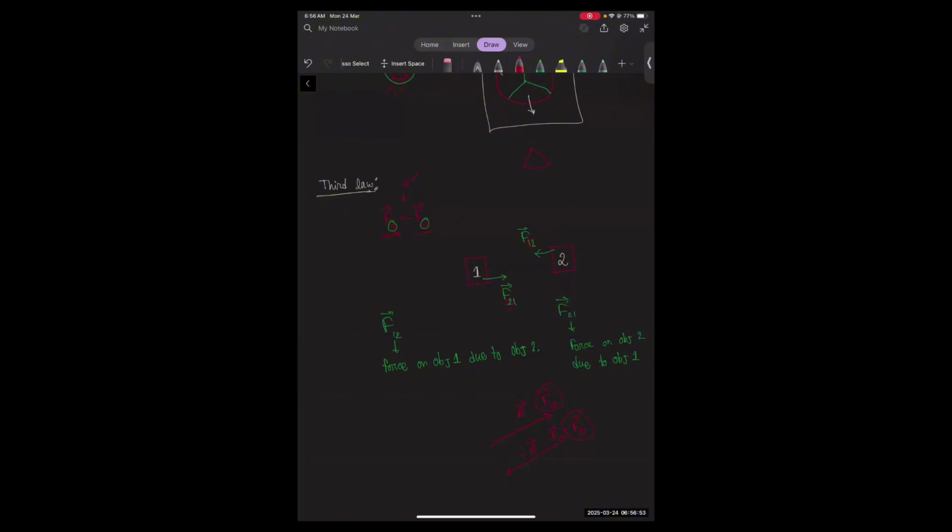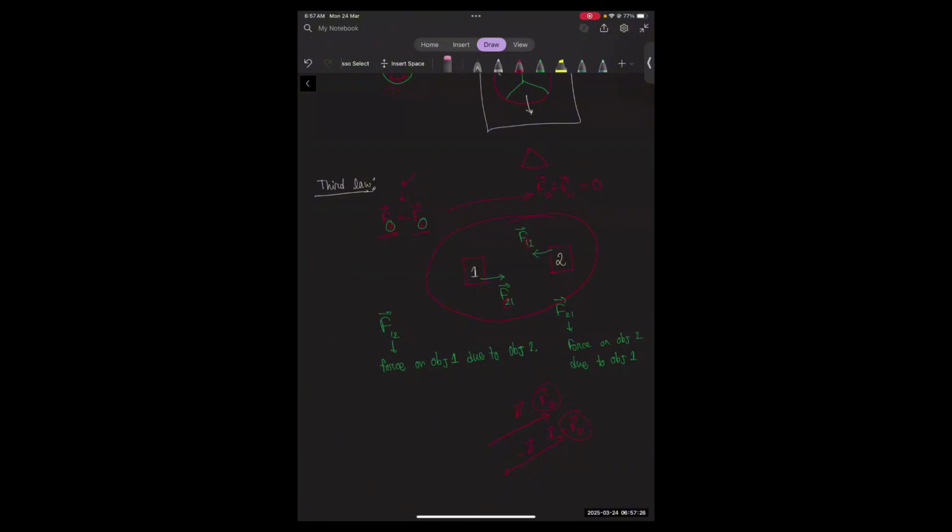Now, there is no way these cancel out for a single body. If you take this whole thing as the system, your internal forces cancel out. That is what we did in Newton's second law. If you take this to be your system, then you need the sum of all forces within your system. So you would add this and this, but these two clearly cancel out because they are equal and opposite. The total force will be F12 plus F21, which if you substitute is just 0.